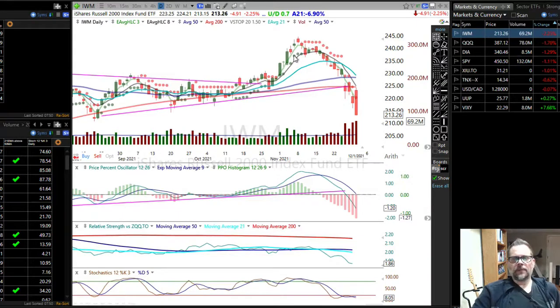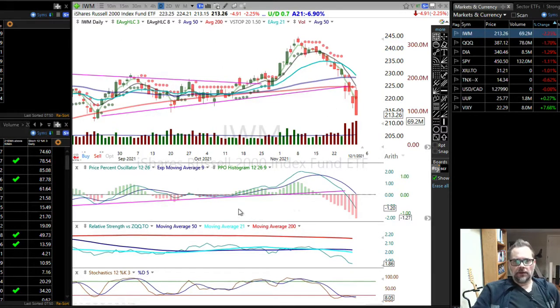So green, the price is above that. It's usually a good sign. That's just the average true range, based on the ups and downs of the stock, the volatility. And when the dots turn from red to green, you've got an uptrend. It's generally a good indication of an uptrend. It also can be used as a stop loss.